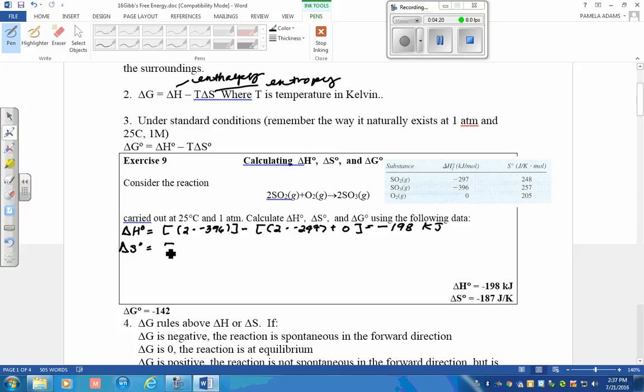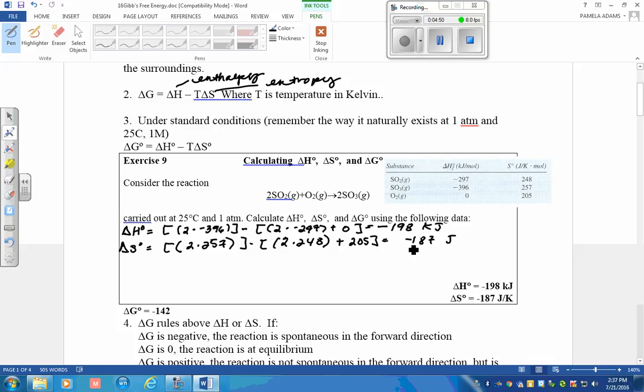So I will take 2 times the SO3 value and subtract that from the SO2 value multiplied by 2 plus the value for O2, which is 205, and that is negative 187 joules per mole per degree Kelvin.